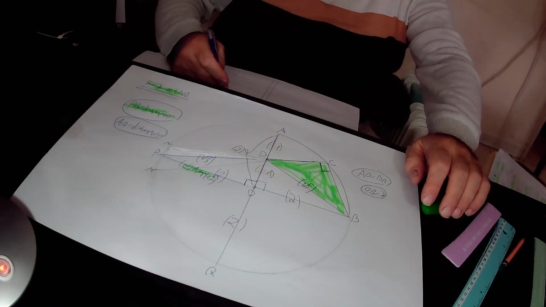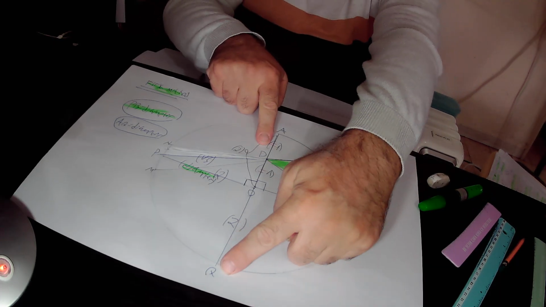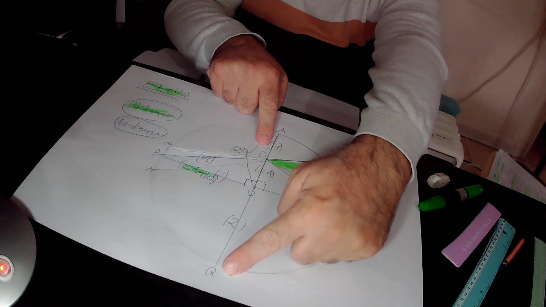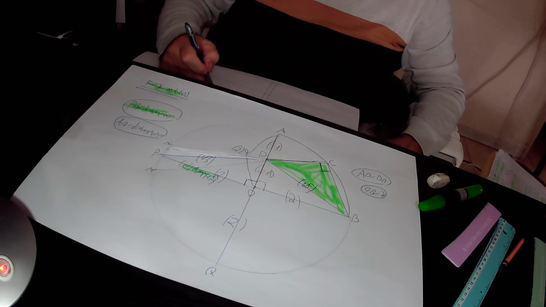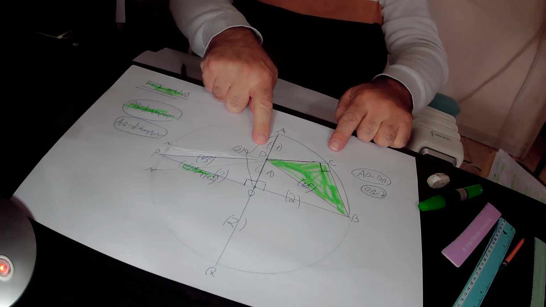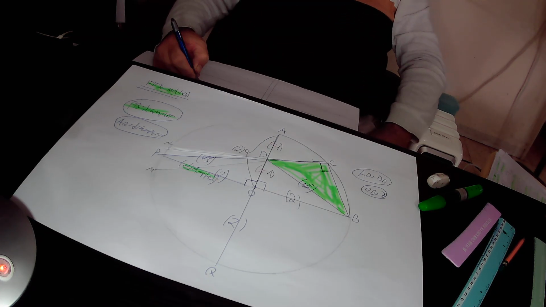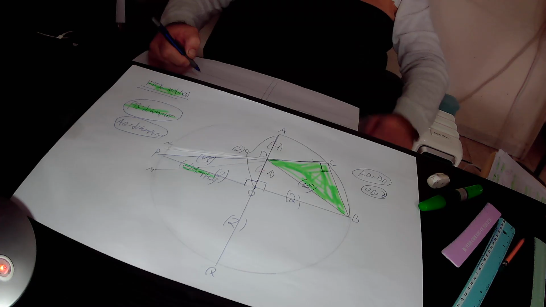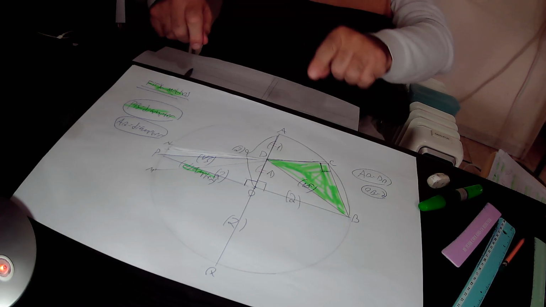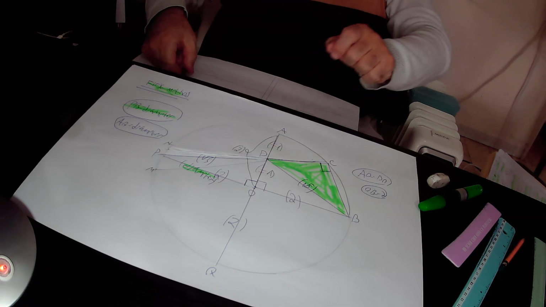AD is 1 times DQ. DQ in total equals 1 plus 2, that is 3. And it equals CD. CD is the missing side, so we leave it as it is. Times DP. DP equals the square root of 5 units in length.